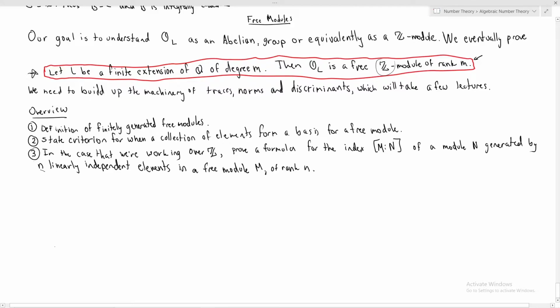So let's go ahead and start with the definition. This is 16.1. Definition.